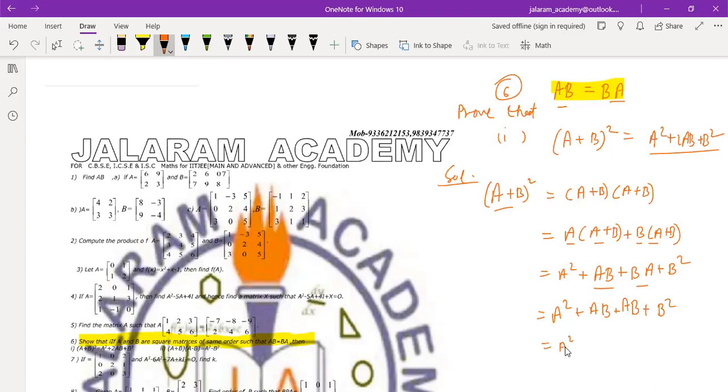That is A square plus 2AB plus B square. So it means that (A plus B) whole square is equal to A square plus 2AB plus B square. Hence proved. Okay, understood everyone?